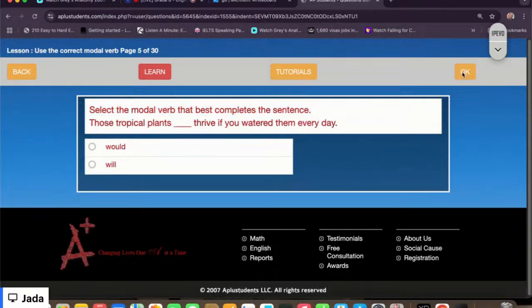Okay, those tropical plants dash thrive if you water them every day.